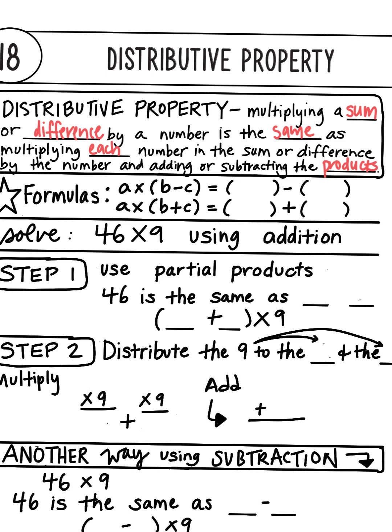All right, so our formulas. That's a word that you're going to hear a lot more of as we get more into our measurement unit coming up in a few weeks. Formulas are always going to involve letters, a variable, because you can plug in different numbers for that variable.